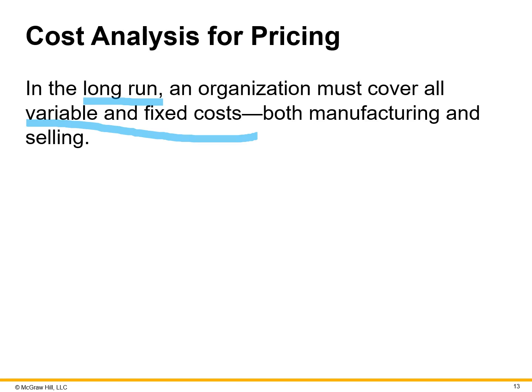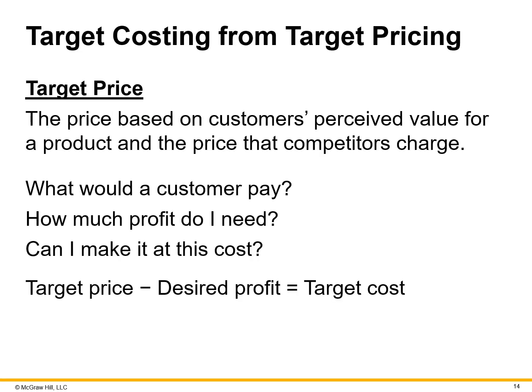Target costing from target pricing. In this approach, the company takes somewhat of a backwards approach or a reverse approach. What a lot of companies do is they look to see how much it costs to sell or create a product. They add up all of their costs, and then they figure out what type of profit margin they want, and then they price their product accordingly.